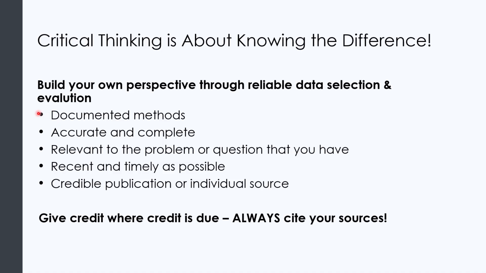We will be looking at sources primarily with documented methods for where the information came from, or that are clearly identified as opinion or personal feeling. We're going to be looking for information that's as accurate and complete as we can possibly get.